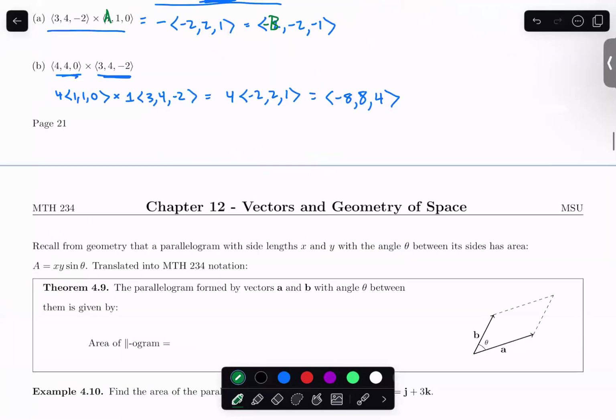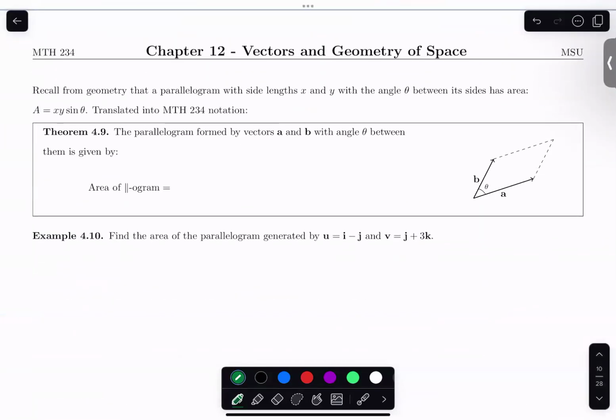Well, then I'd like to talk about a specific use case of this. Especially when you have parallelograms in space, you may have noticed that the area of the parallelogram formula is actually quite similar to our cross product formula.